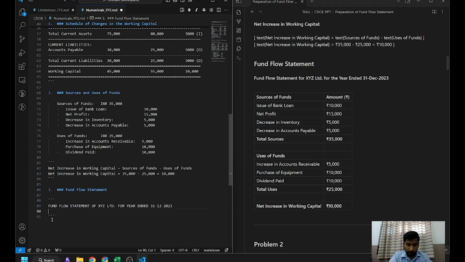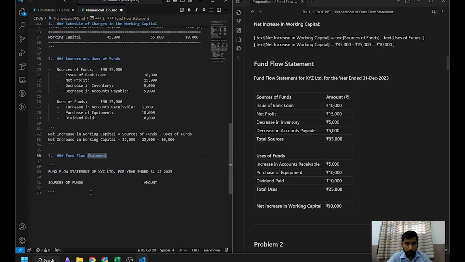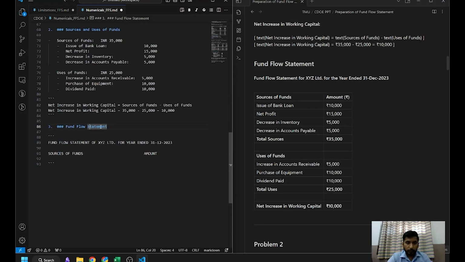Here we will take it as sources of funds and amount. First of all, we'll talk about the sources of the fund. What are the sources of the fund?